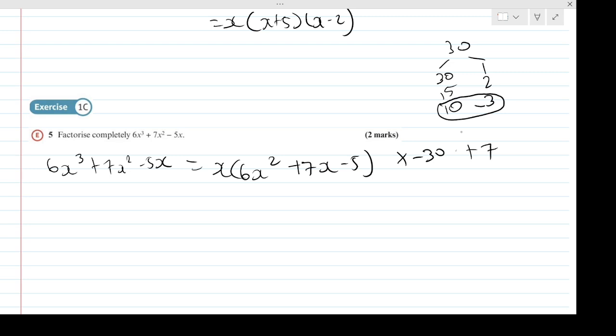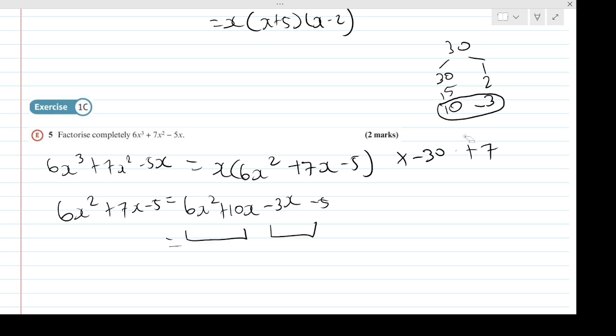So those are not the factors, but remember this tells us the way to split up the 7x. So then we have 6x squared plus 10x minus 3x, and that will still give us 7x, so we've done nothing bad mathematically there. Minus 5. And now I can factorise both components separately.